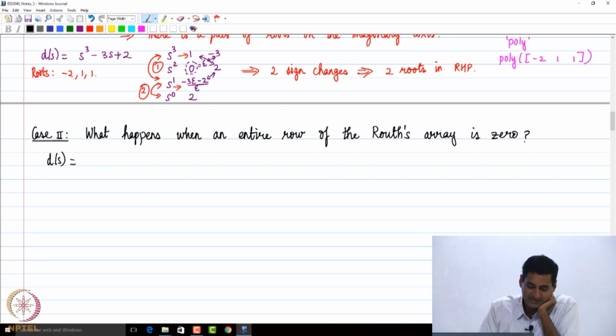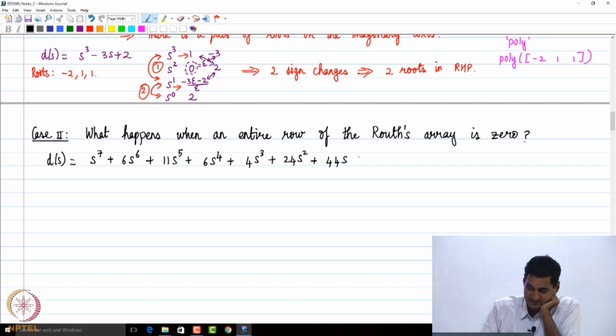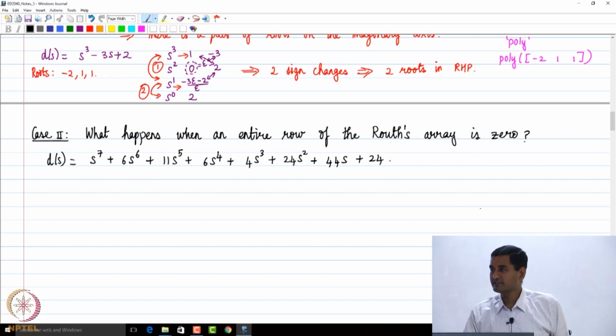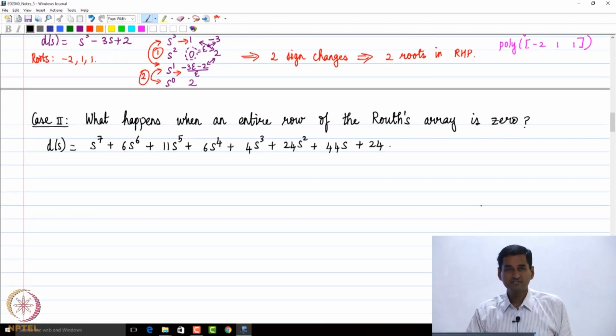So, let us consider the polynomial s power 7 plus 6 s power 6 plus 11 s power 5 plus 6 s power 4 plus 4 s cube plus 24 s square plus 44 s plus 24, a 7th order polynomial with 8 coefficients.